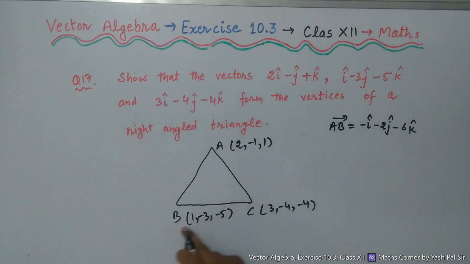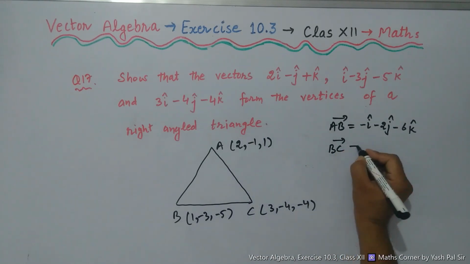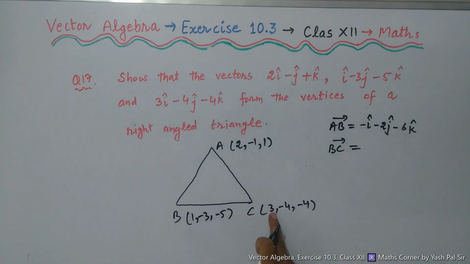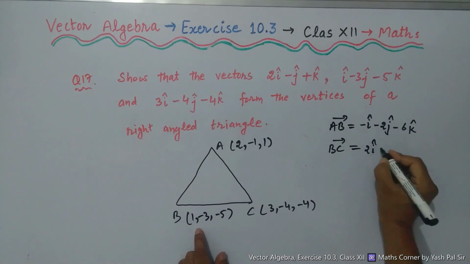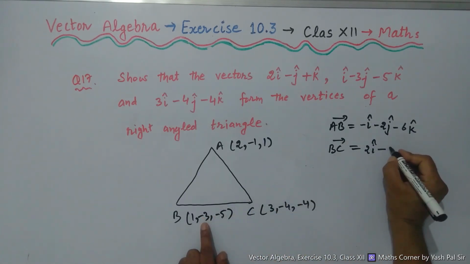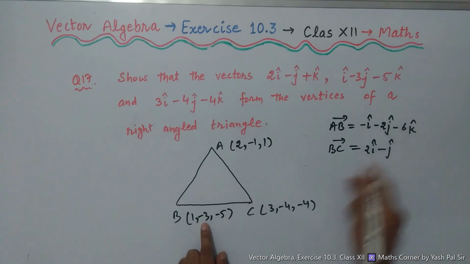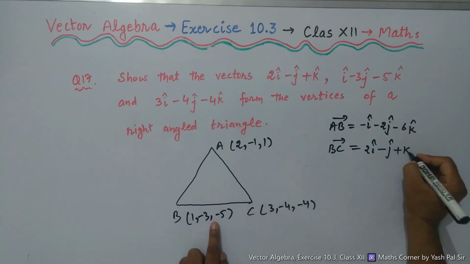Next is BC. BC is equal to (3 minus 1) i, that is 2i, plus (minus 4 plus 3) j, minus j, plus (minus 4 plus 5) k, that is k.